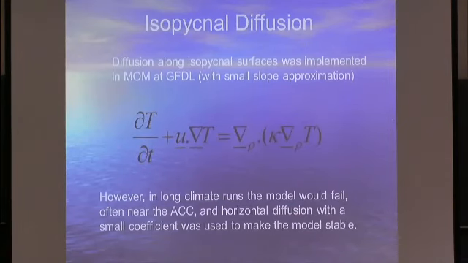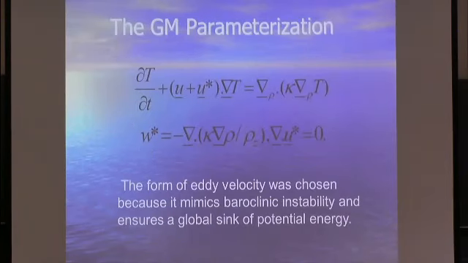So what the GM parameterization did was propose that the effects of mesoscale eddies wasn't just a diffusive process, but it also produced an advection of temperature and salinity.